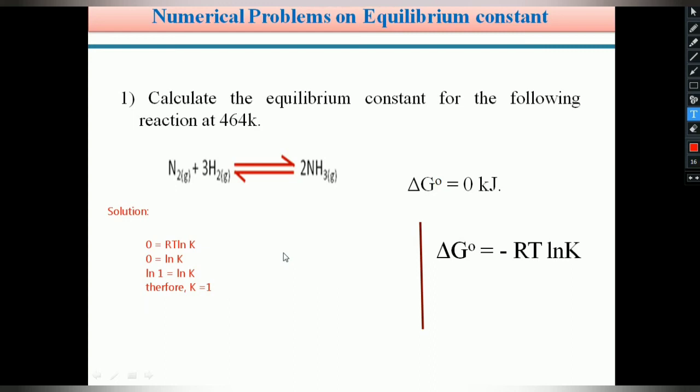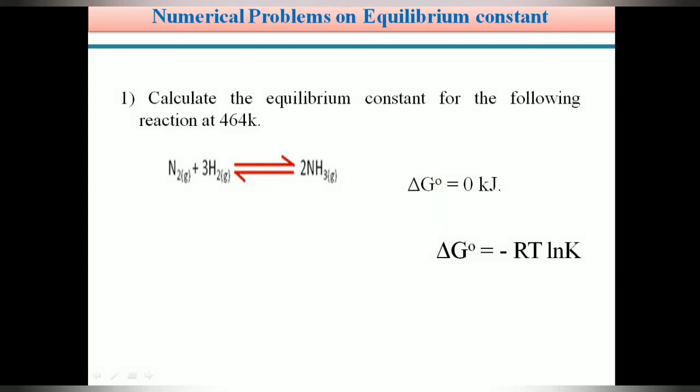I can also give you one more model for practice in the same calculation of equilibrium constant. The problem is to calculate the equilibrium constant for the following reaction at 1000 Kelvin. See students, here I changed the temperature, and the reaction is the same.